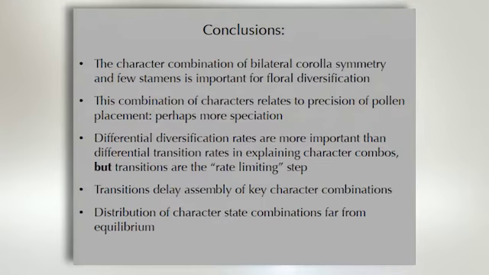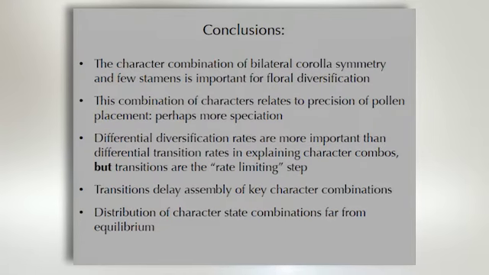Differential diversification rates are more important than differential transition rates in explaining character combinations, but transition rates are the limiting step. They're the rate limiting step when we think about evolution over the long span, and these transitions delay the assembly of key character combinations, meaning that distributions of character combinations are likely far from equilibrium.